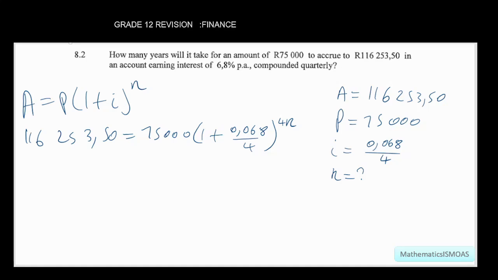All right. And then from here, we need to solve for 4n. Divide both sides by 75,000, and you will get 1.550046667, which is equal to, inside the bracket, 1 plus 0.068 divided by 4, which gives us 1017 divided by 1000, all to the power of 4n.